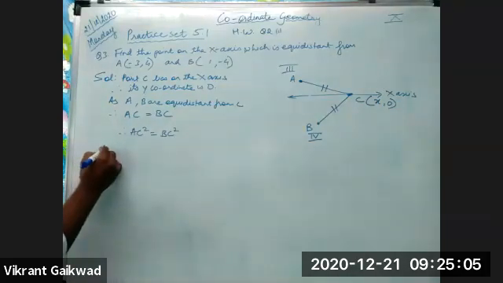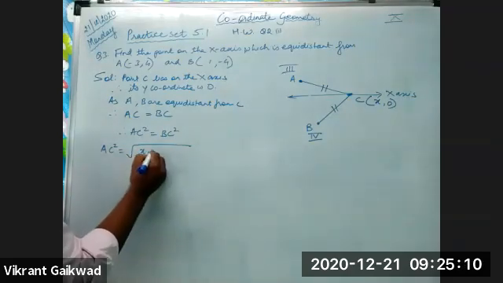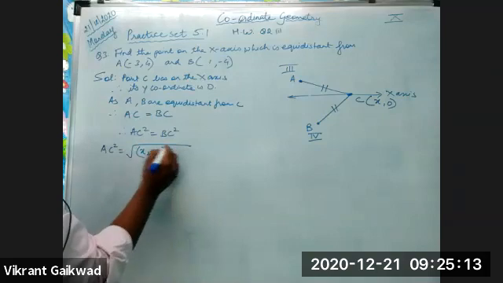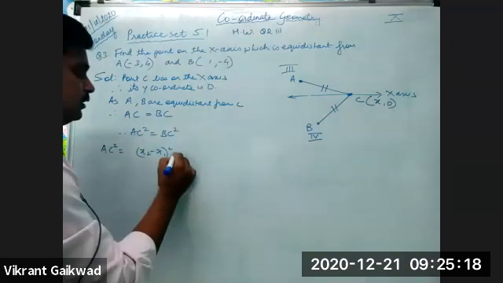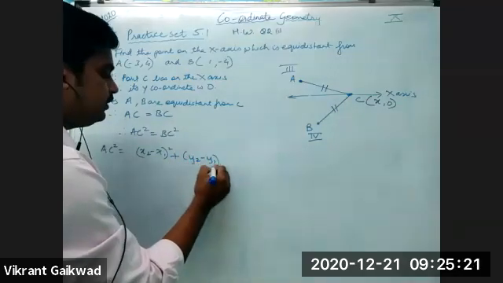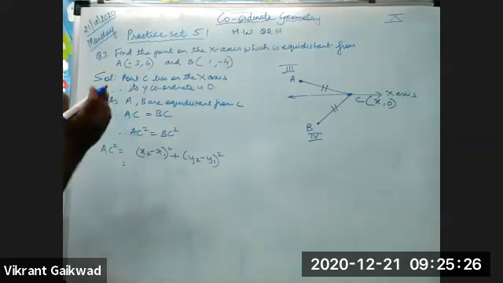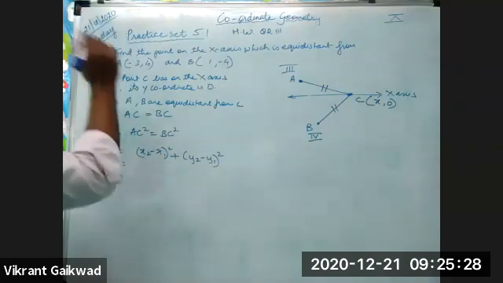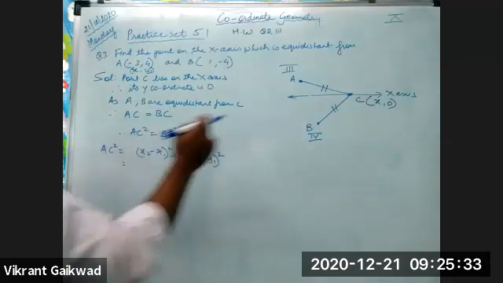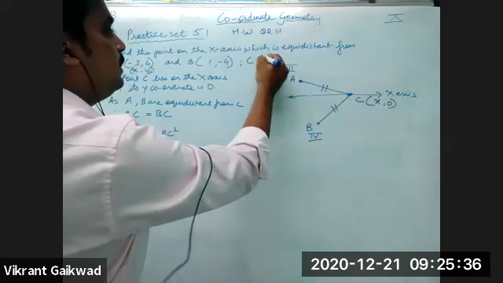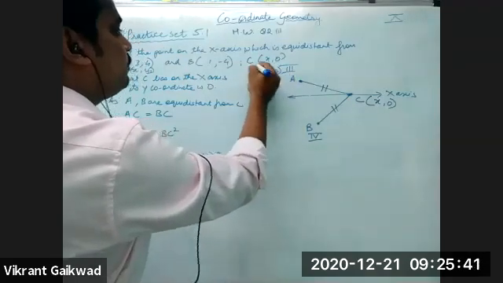So now AC square equals, if I'm writing the formula, x2 minus x1 the whole square, sorry, I had written the root sign, plus y2 minus y1 the whole square. Okay. So A would be x1, y1, and C would be x2, y2.